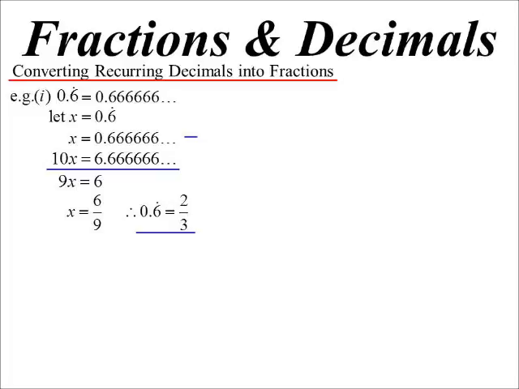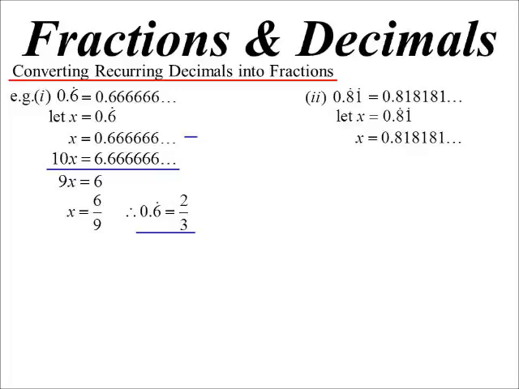And if it was 2 numbers repeating, we did a similar thing. So 0.81 repeater, 0.81818181818, and so on. We'll let x equal that. But this time, instead of going 10x, because if I went 10x, it's no good. Because I've got 0.81, 81, 81, 81. If I went 10x, then I'd have 8.18181818.